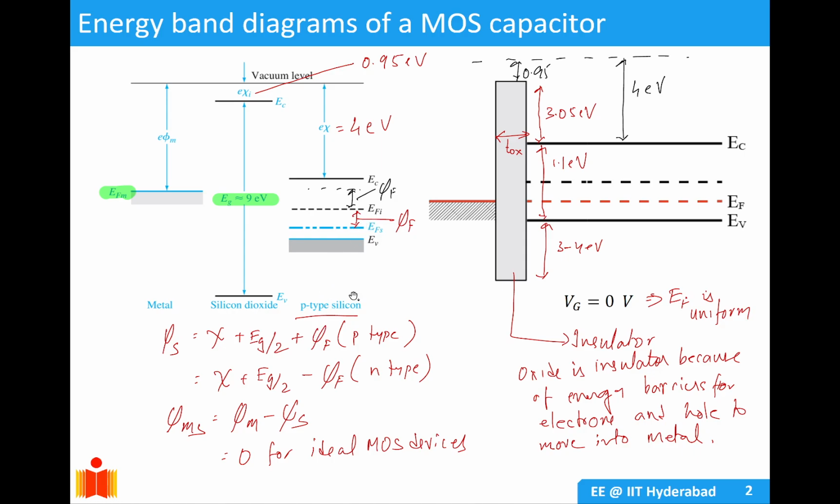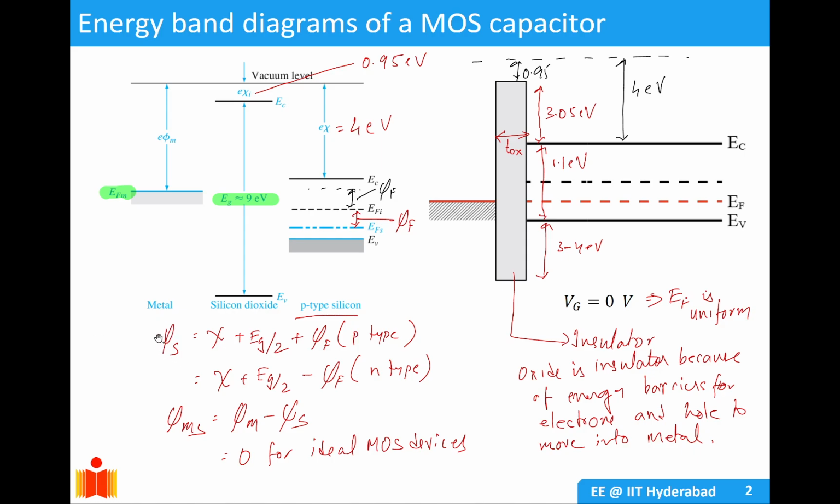In the case of P type, the Fermi level is below the mid gap, so it's plus phi f. For N type material, the Fermi level will be above the mid gap, so it will be minus phi f. So chi plus Eg by 2 minus phi f for N type, chi plus Eg by 2 plus phi f for P type.